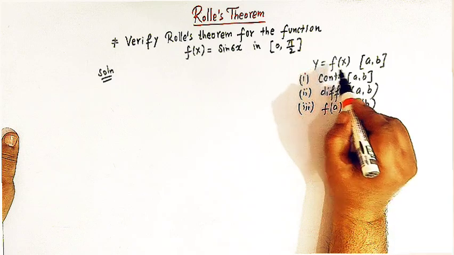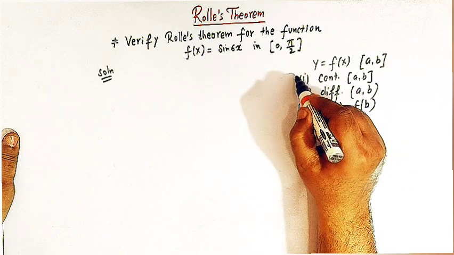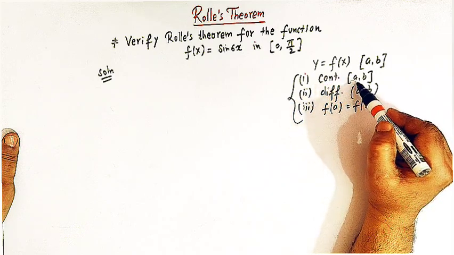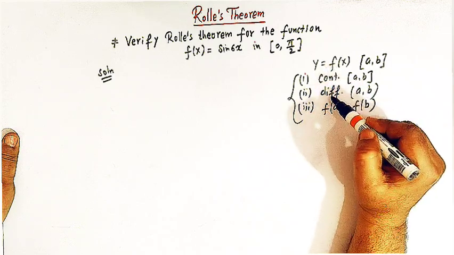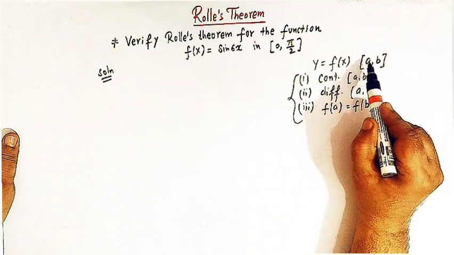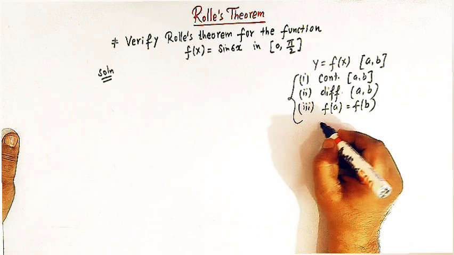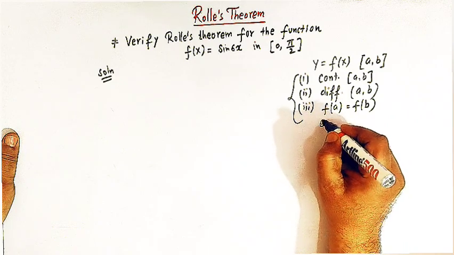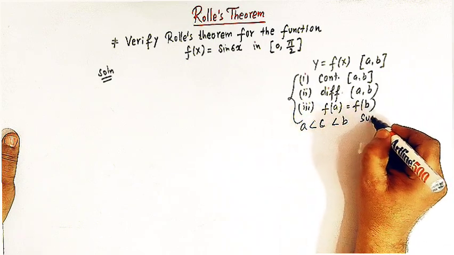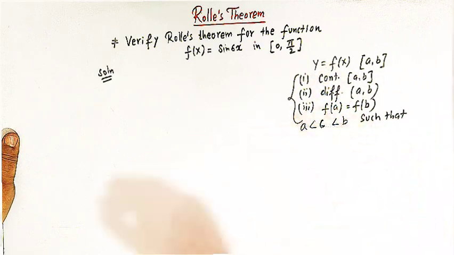So if we have a function y is equal to f of x defined in some interval a comma b, and if this function satisfies these three conditions, that is f of x is continuous in the closed interval a comma b, and f of x is differentiable in the open interval a comma b, and the value of the function at these two endpoints are same, then Rolle's theorem says that there exists a point c between a and b such that the derivative of this function at this point is equal to 0.